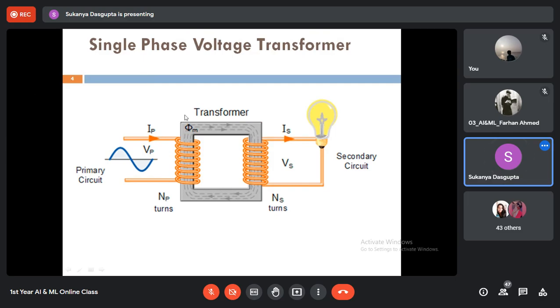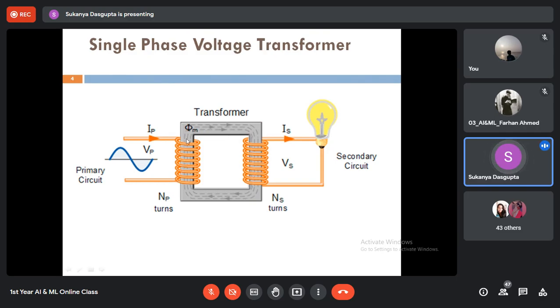Here, this is the primary winding. It is just like a primary coil wrapped around the core, and this core contains two limbs. These are called limbs.